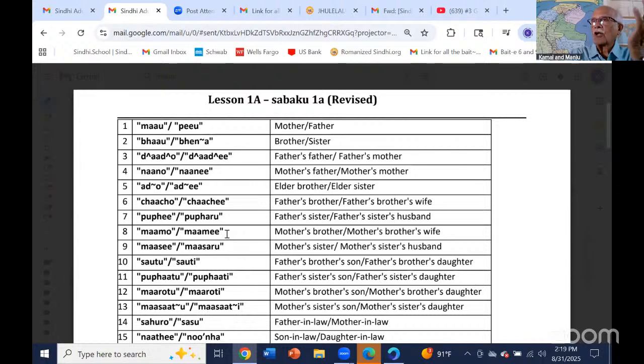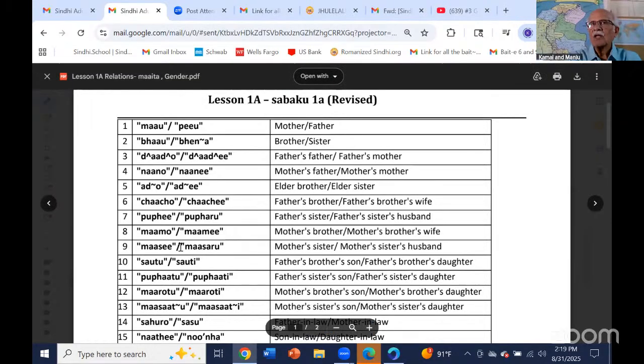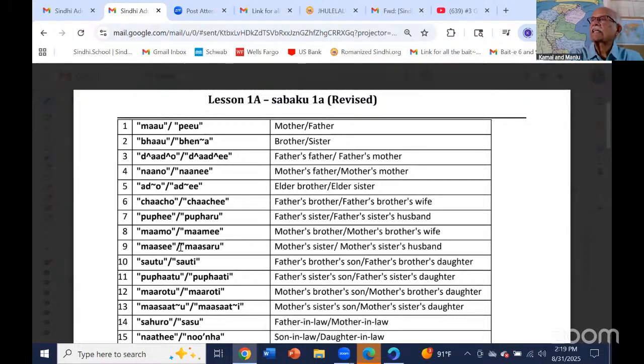So do you see all of them are in one basket, auntie and uncle in English, but not so in Sindhi. Now come to mother's sister: Masi, and her husband is Masaru. Mukhe hikka masi aahe, hikku masaru aahe.